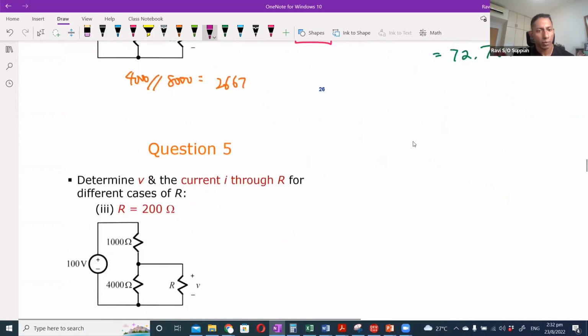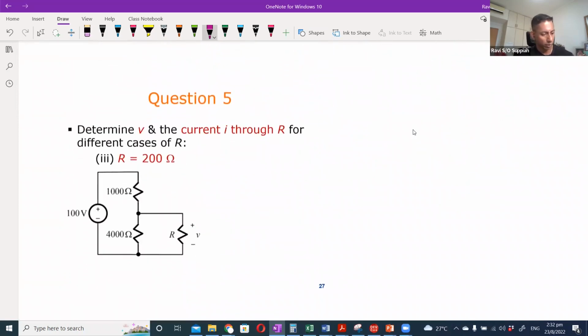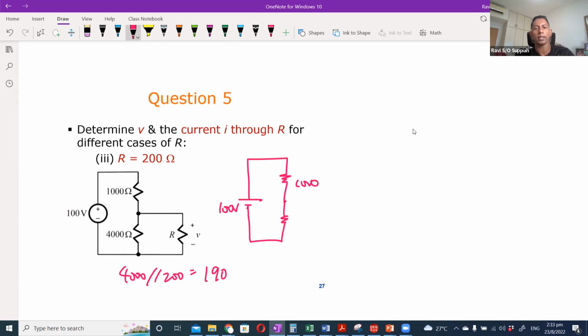So the same thing we're going to do for 200 ohm. It will be 100 volt, 1000, and this will be 4000 parallel with 200, which will give me 190.